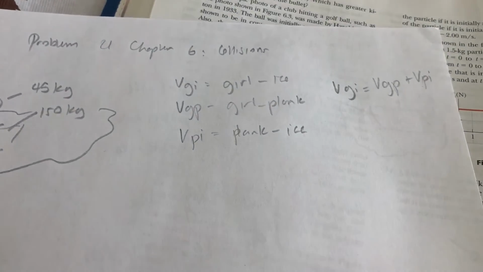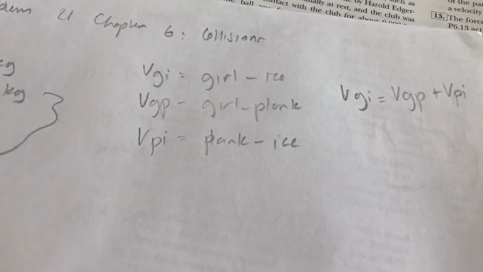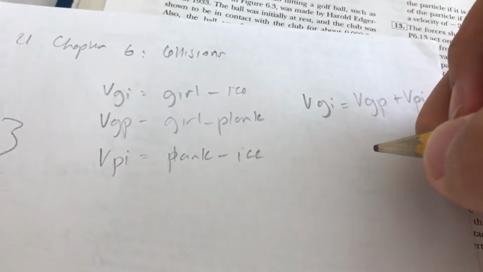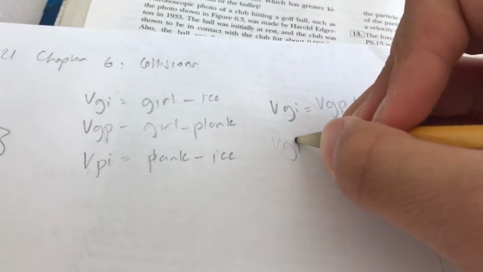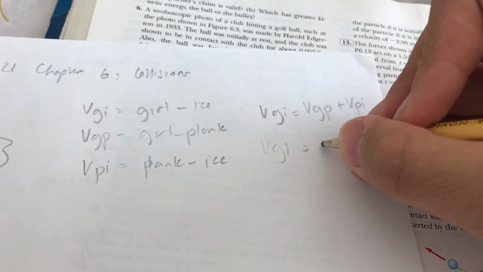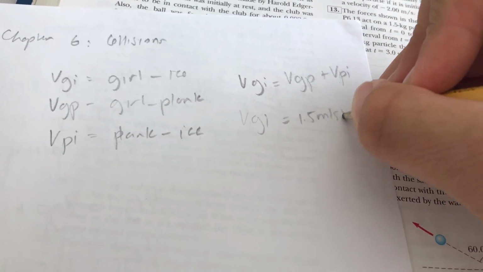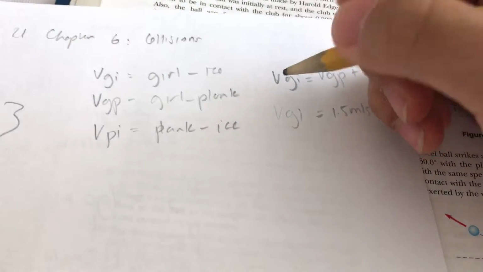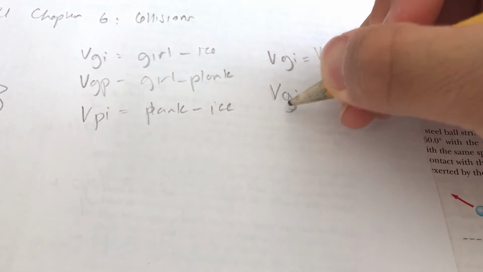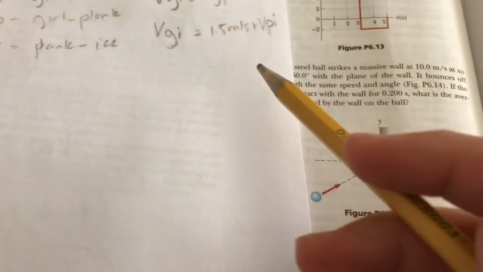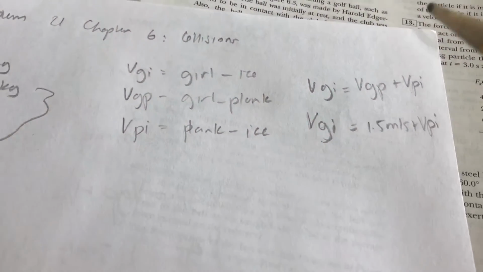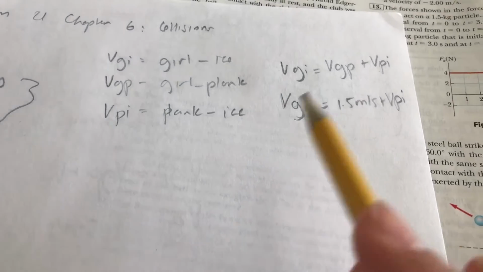What we do know for a fact is that the velocity of the girl to the plank is 1.5 meters per second. So we can just replace V_GP with 1.5 meters per second plus the velocity of the plank to the ice. So now we have two unknown variables, and with this equation alone we will not be able to solve this. However, we can use another equation and use the systems of equations to solve for this.